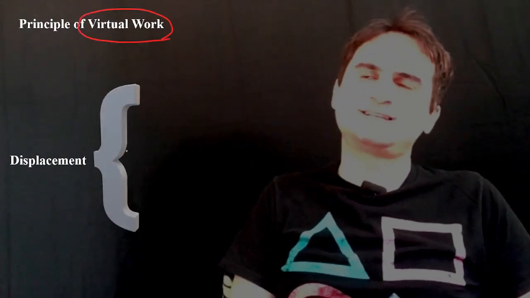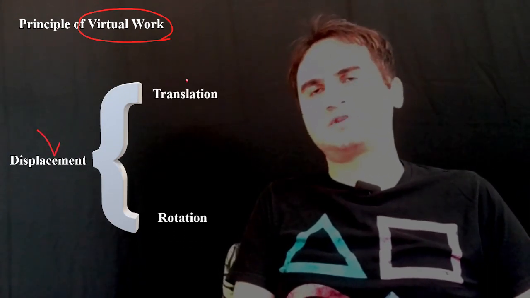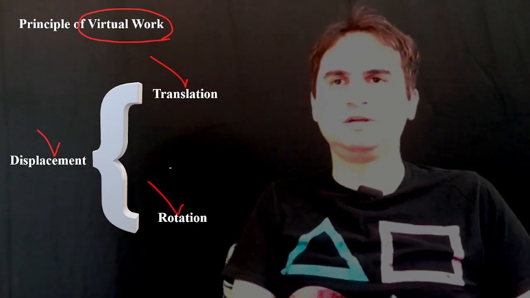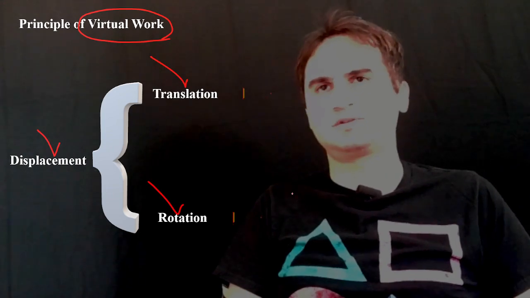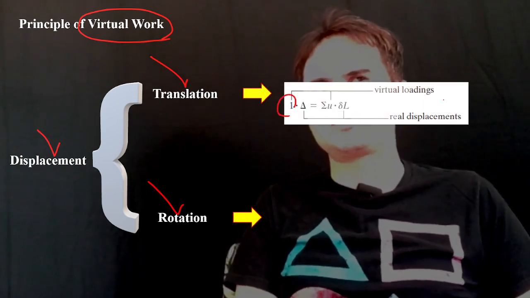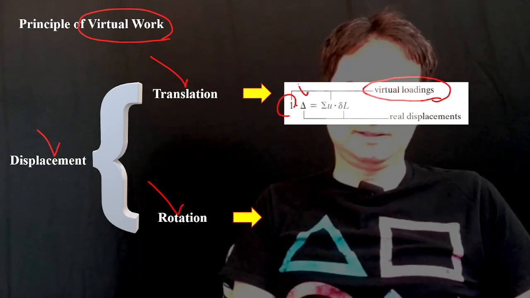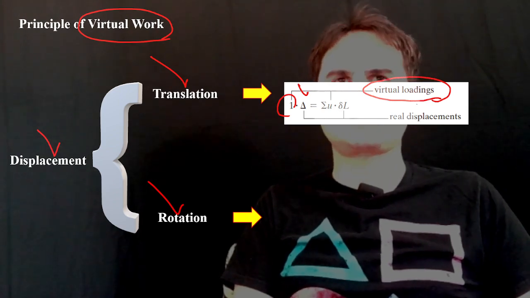So the principle of virtual work says if we want to calculate the displacement in terms of translation or rotation, if something is moving, an angle theta is rotation, we can easily get that by applying one virtual load at that location, and then one times delta is equal to the summation of all internal forces.